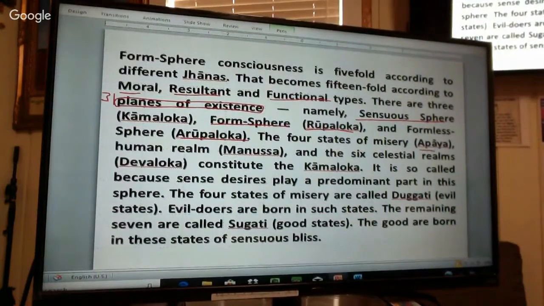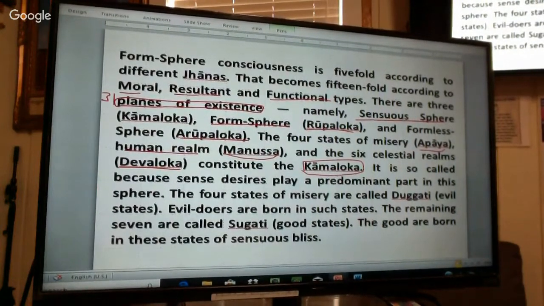We call apaya hell, animal kingdom, hungry ghosts, and demons, isn't it? And human beings, we call in Pali manusa. And then six Deva Loka. We call in Pali Deva Loka. These constitute the Kama Loka, sense sphere.